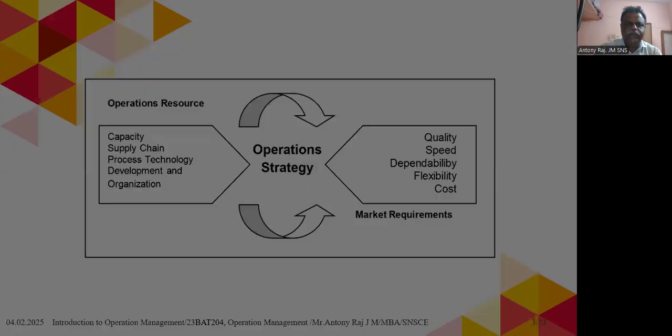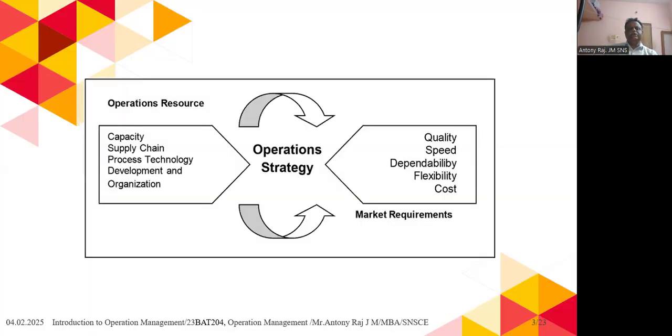Conceptually, operation strategy consists of these two parts. You can see a visual diagram here. On the left hand side of the operation strategy, we have capacity. These are the resources, the supply chain, where you have the suppliers, vendors, and third-party distributors, and even customers are part of it.